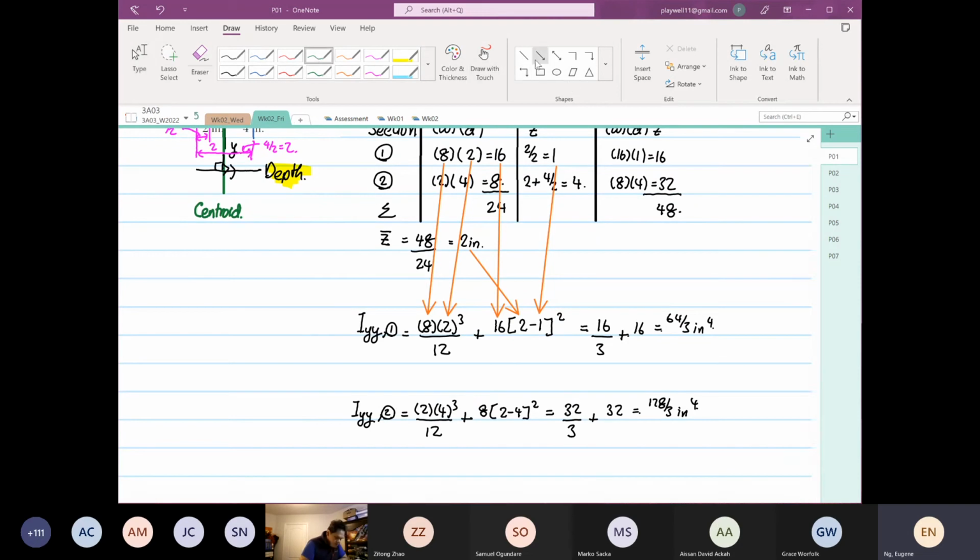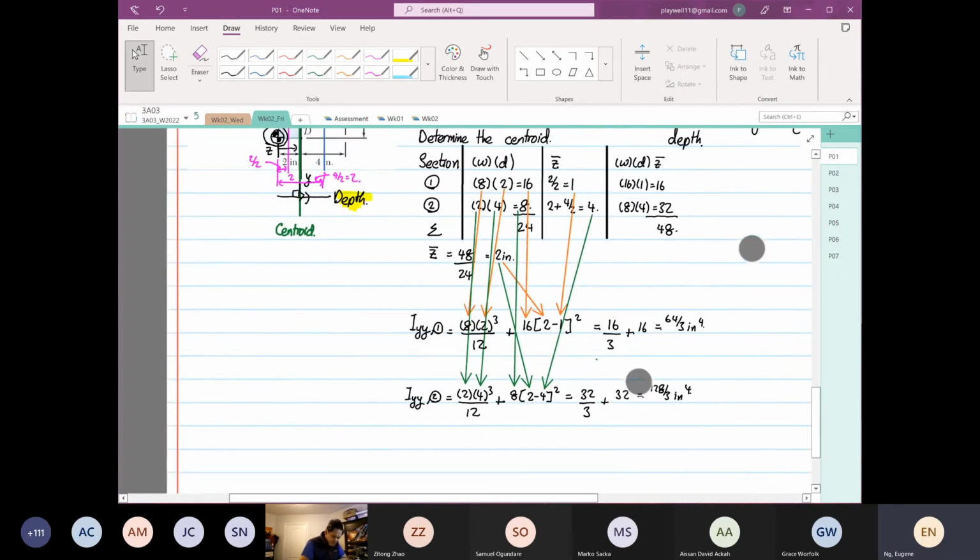You will have 2 over here, and 4 over here. So this is how I've written a spreadsheet to calculate second moment of area. You can see the pattern, yes or no?